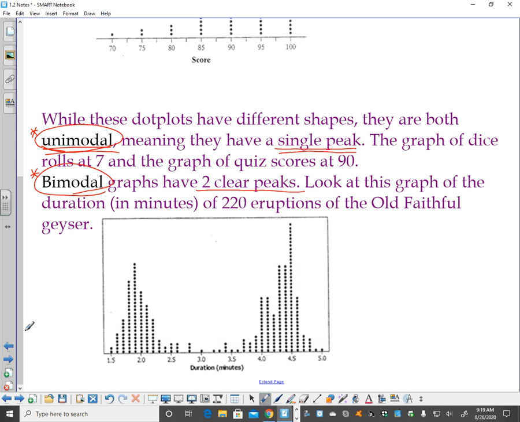I have very few that are in the 3-minute range, and I have none that are over 5 minutes and none that are less than 1.5 minutes. So if I'm looking at this, this is definitely bimodal. And you would not say that this is symmetrical or skewed left or skewed right because it is bimodal. It has two different peaks.